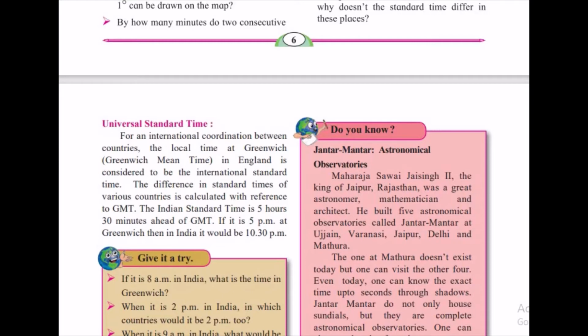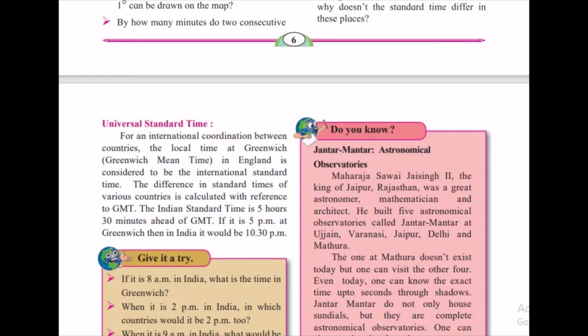The difference between the standard times of various countries is calculated with reference to GMT, Greenwich Mean Time. The Indian Standard Time is 5 hours 30 minutes ahead of GMT.